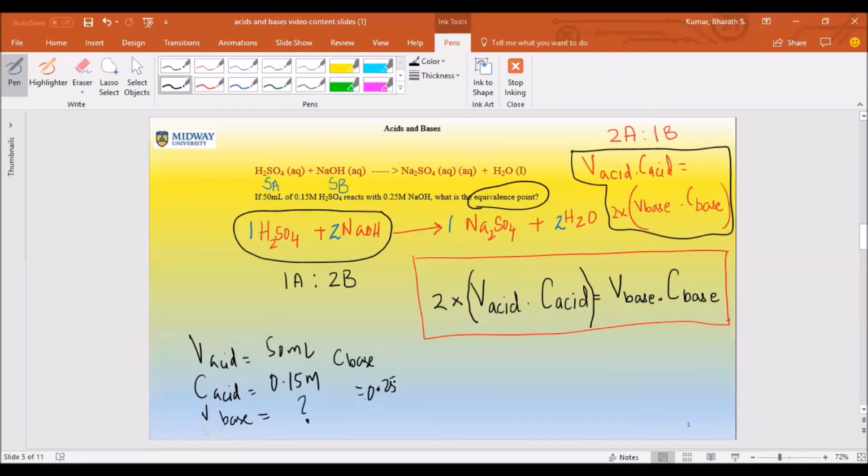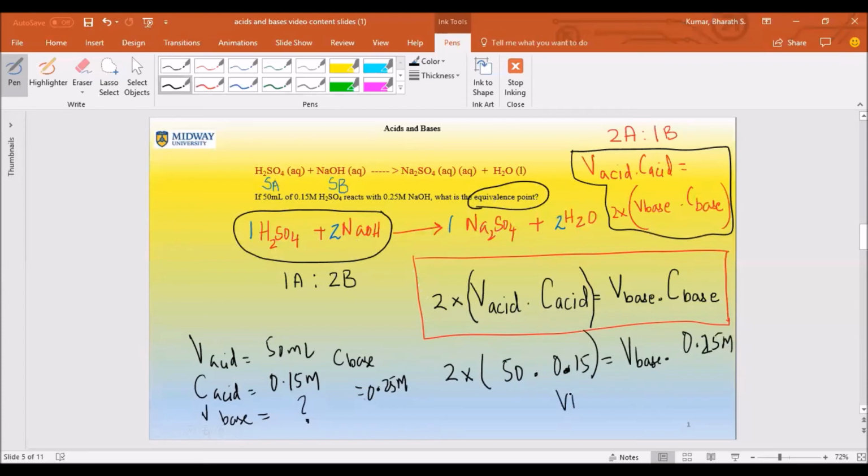Now, the numbers won't be the same because in the previous case, we saw that the strength of acid and base does not matter because we're dealing with equivalence point, but the ratio does matter. I mentioned that. So 2 times volume of acid is 50, concentration of acid is 0.15 equals volume of base, we don't know, concentration of base is 0.25 molar.